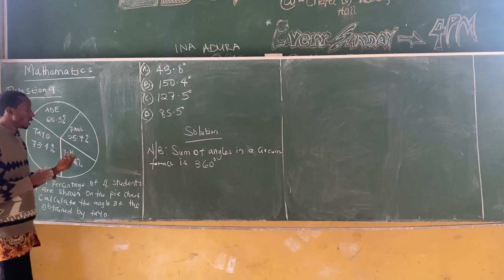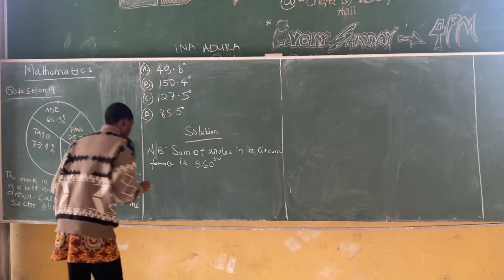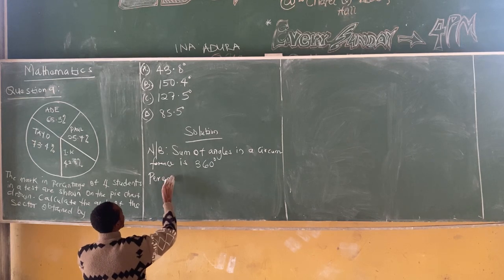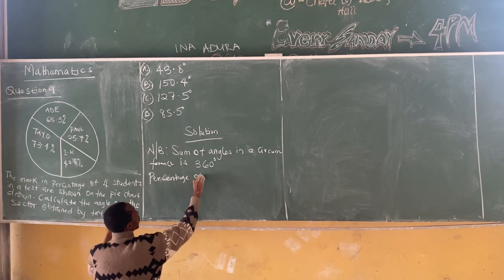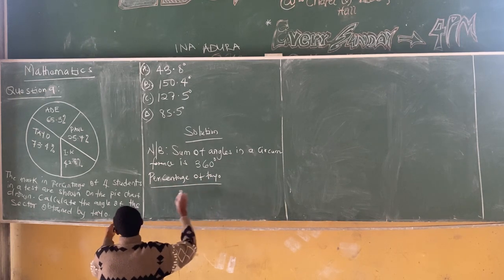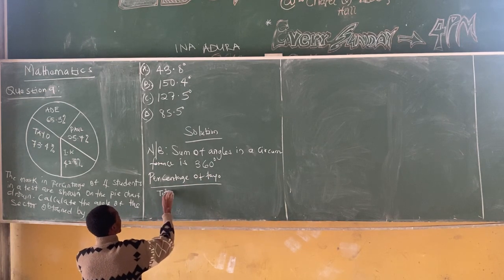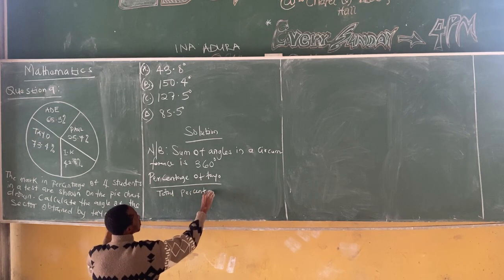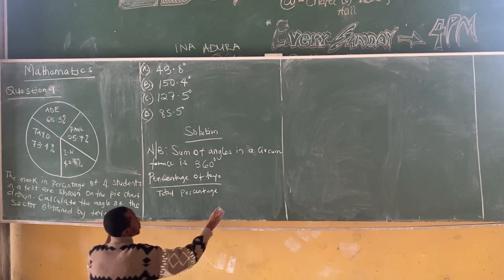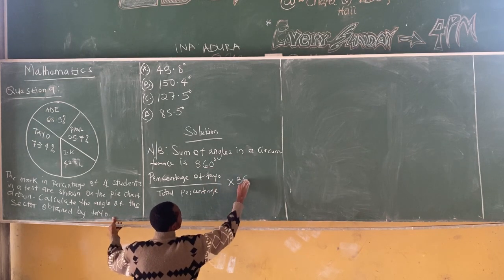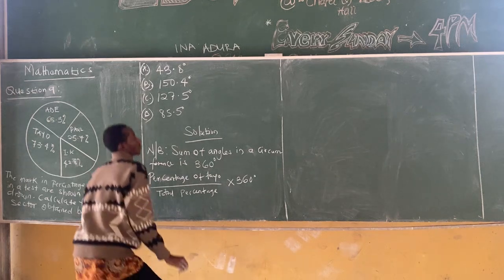So what we need to do here is percentage of TIRE divided by the total percentage times 360 degrees.